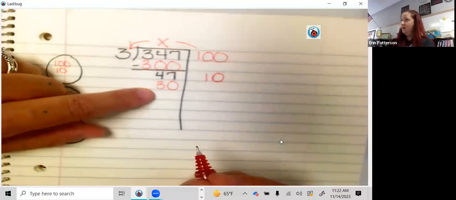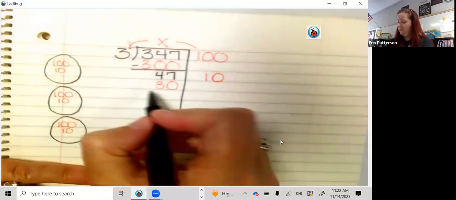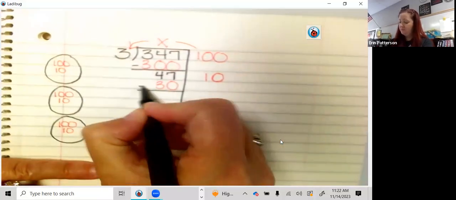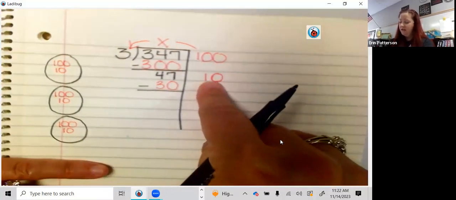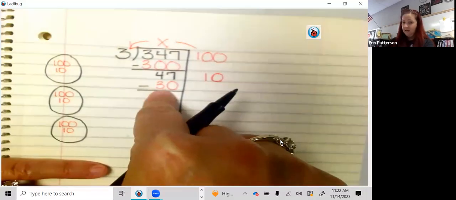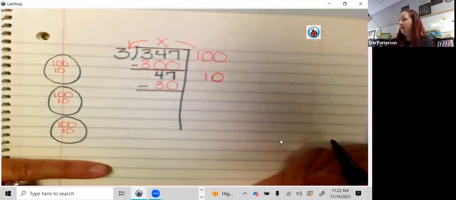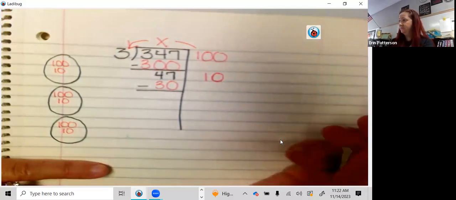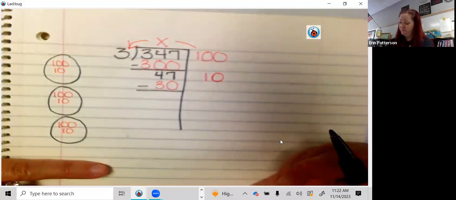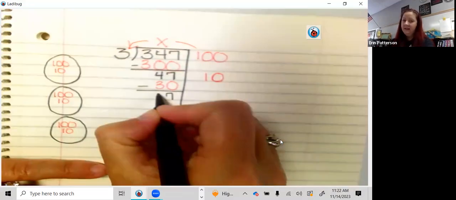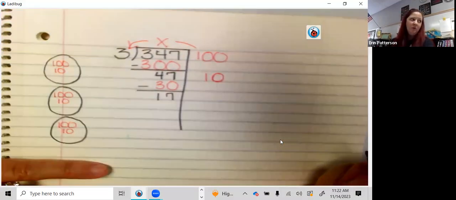Do you see how I'm going to take away 30 from my total? I gave each 10, which is 30 from the amount I had. Okay, what am I left with? 17. Am I done, or can I give more candy away?